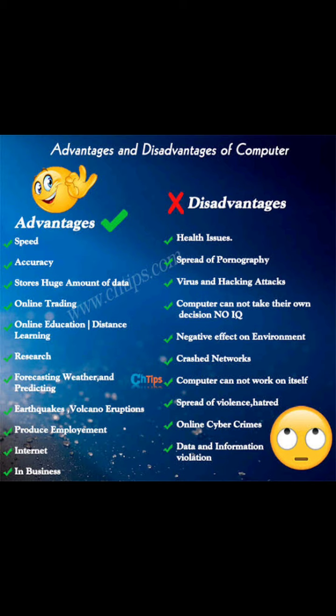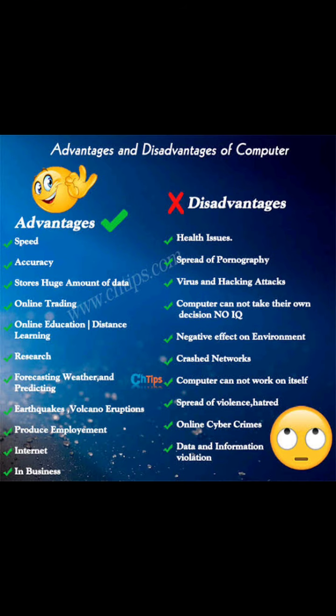A computer cannot take its own decisions. Yes, it is correct, a computer cannot take its own decision. Whatever input the human gives, it gives the output. It cannot take its own decision.